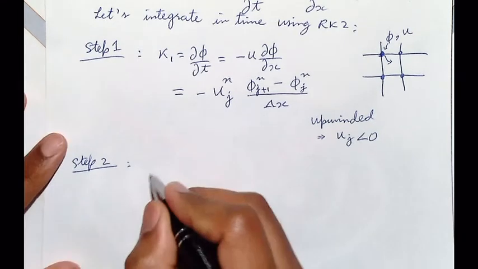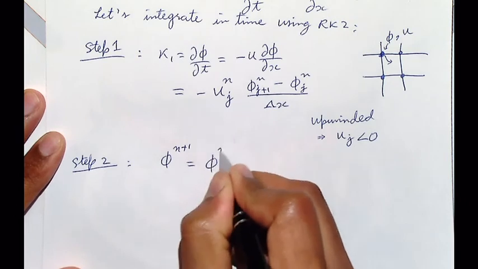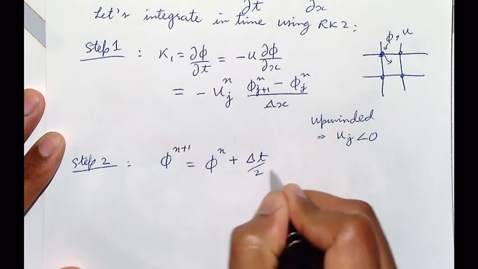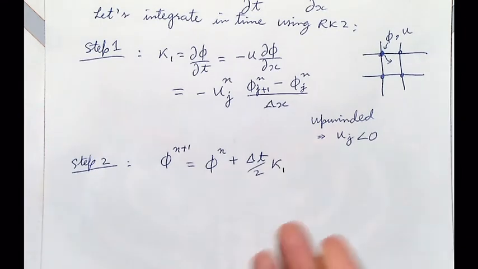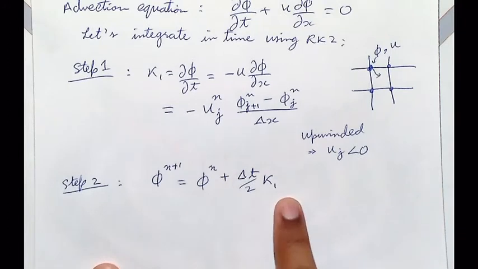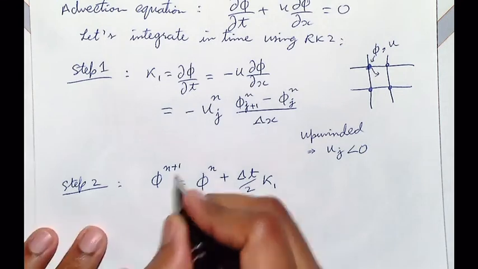And we said phi at n plus half is phi at n plus delta t over 2 k1. Okay? All of this is known. I know my initial phi, I know my k1, and I can compute phi at n plus half. Confusing or makes sense? Yes, it's n plus 1/2, not 1, right? Oh, sorry, yes.